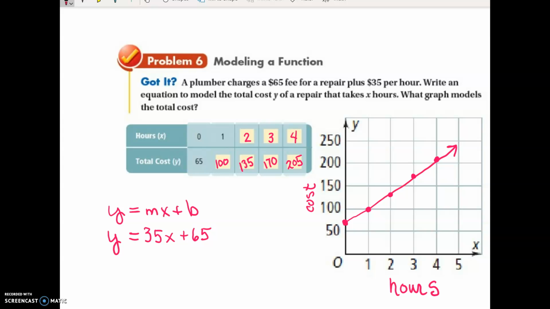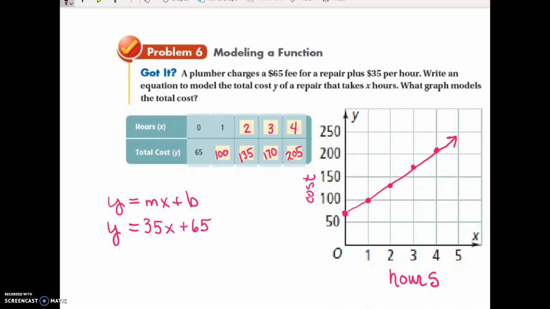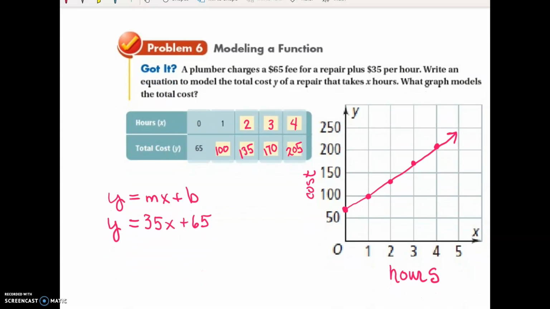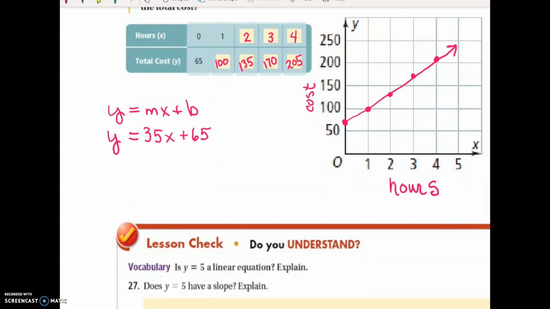So being able to graph using slope and y-intercept, and also being able to interpret a problem and be able to represent that problem in a table and a graph and equation. So here we're kind of using all the forms for problem 6.